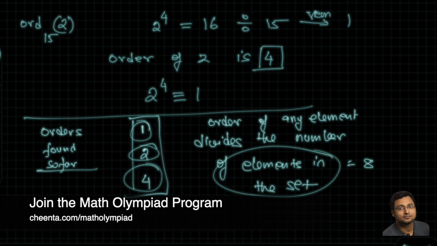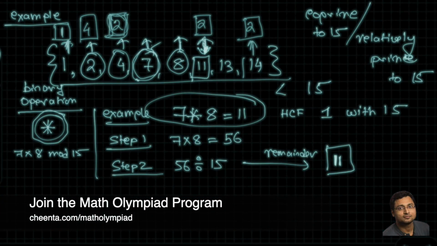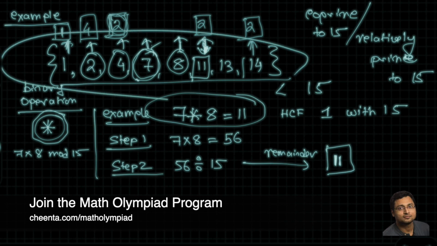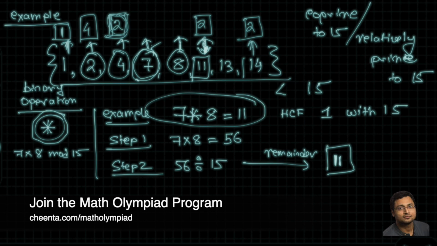In fact, we observe, or those who are initiated to group theory, we observe that this particular set actually forms a group, and sometimes this group is known as U15. The order of an element divides the order of a group.